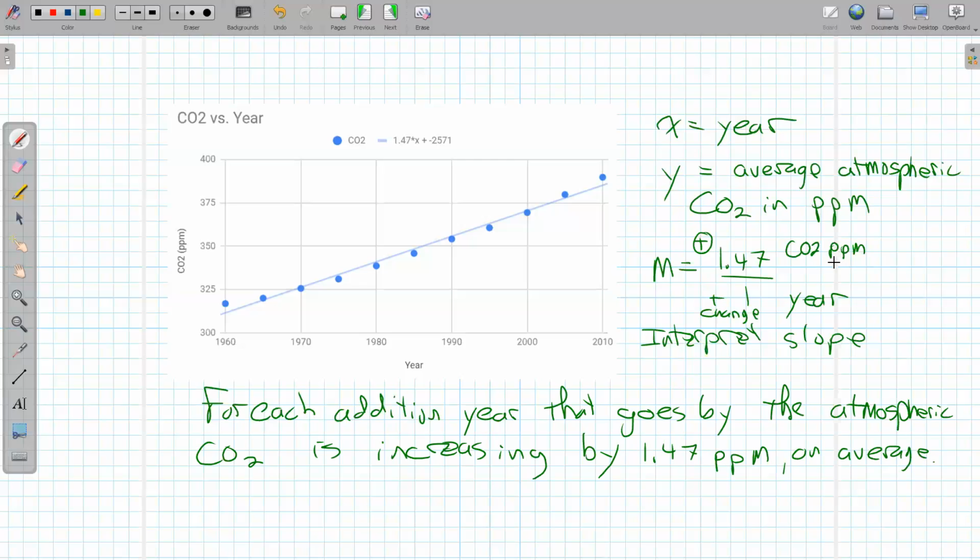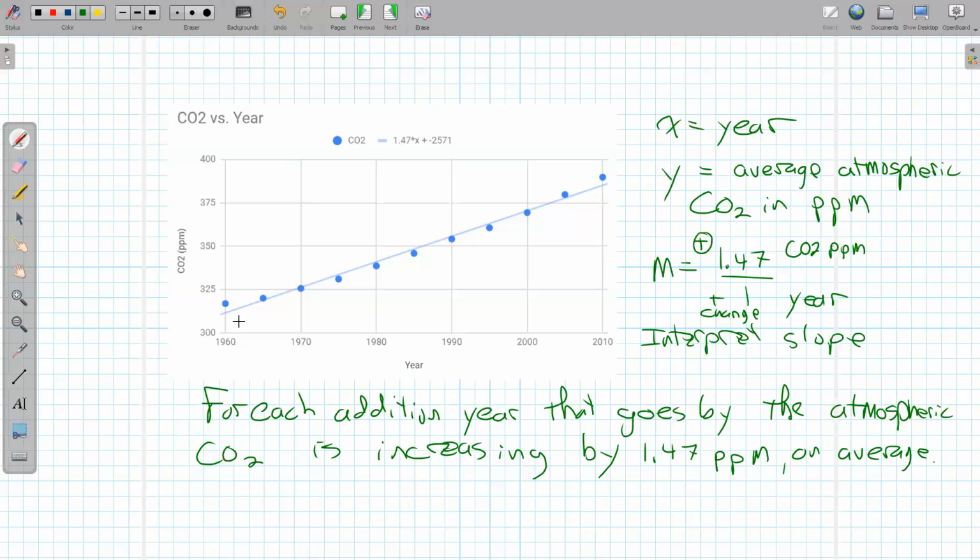I need the change in X and the change in Y, the change in my explanatory variable and my response variable. It's going uphill, so they're both positive. So for each additional year that goes by, atmospheric CO2 is increasing by 1.47 parts per million.